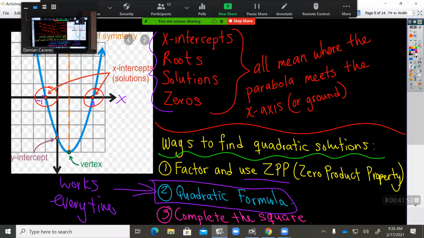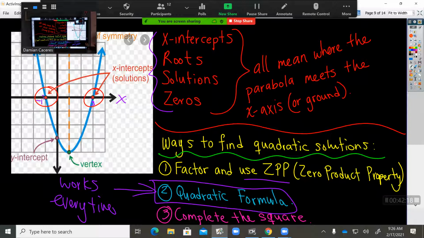And then the third method is to complete the square. Honestly, my least favorite method, but I do like to teach it, and you do need to know it. So those three are the methods we're going to learn to find these solutions. And don't forget, if this was a word problem, these solutions represent seconds, right?